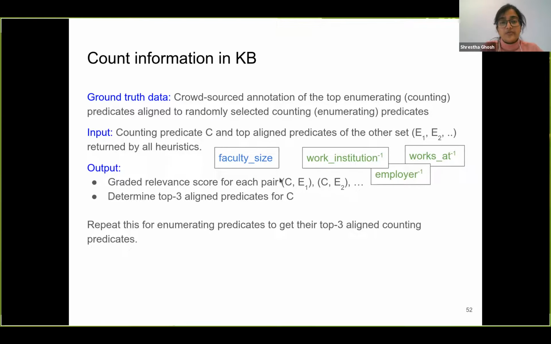In this way, you can get the ground truth data for predicate alignments. This is repeated in the other direction: for every enumerating predicate, you have the top counting predicates, which are then graded by the crowd workers.